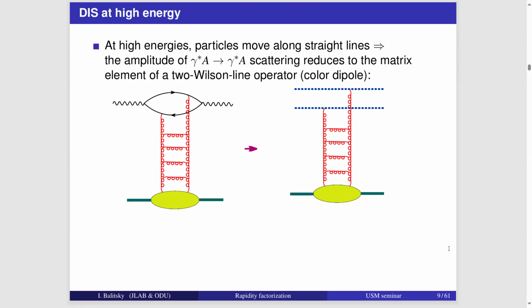So the two Wilson line operator goes by the name color dipole. And roughly speaking, what happens is the following: the virtual photon moves very fast and splits into a quark-antiquark pair. Each of them propagates along a straight line and acquires this phase factor about which I was talking on the previous slide.